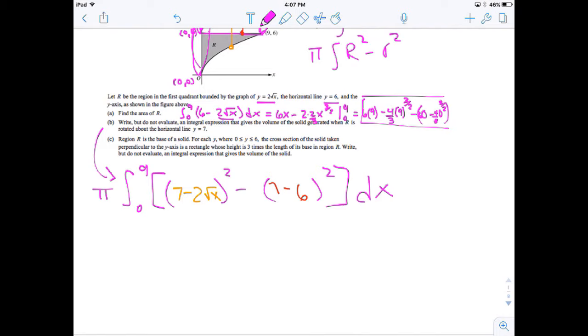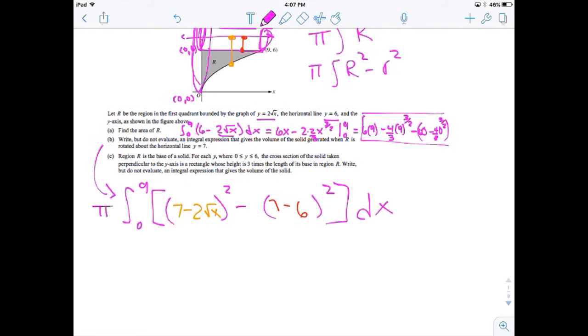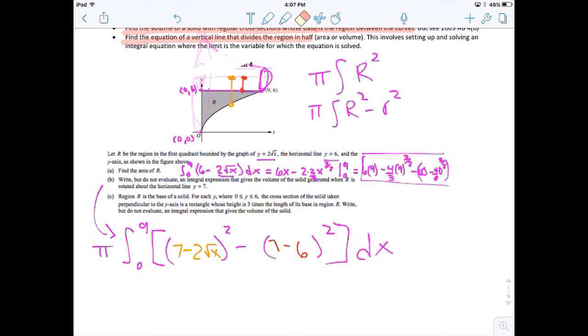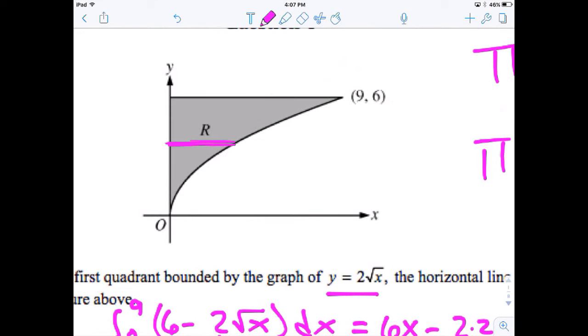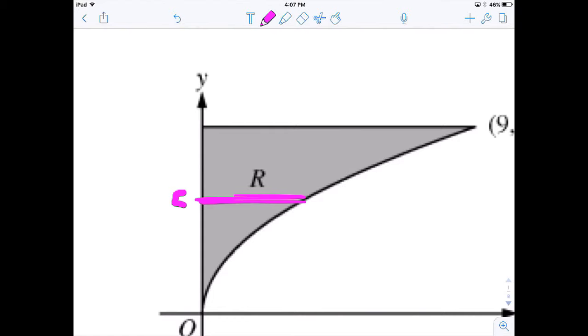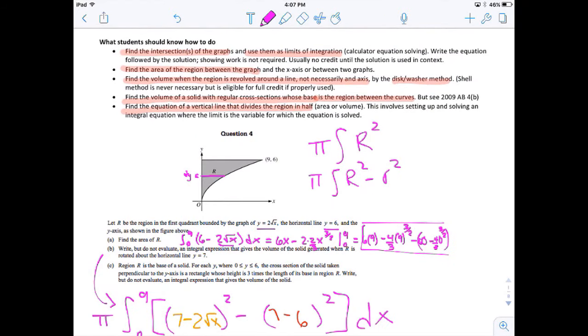Now, if I look at C, it says region R is the base of a solid. For each y between 0 and 6, the cross-section taken perpendicular to the y-axis. So now notice we're slicing this way, so the width of each slice here would be dy, and that's going to matter. The cross-section is a rectangle, so I have rectangles coming up out of it, where the height is 3 times the length.